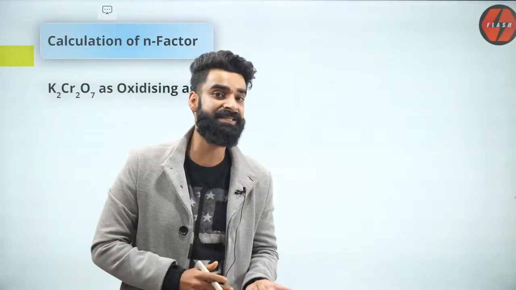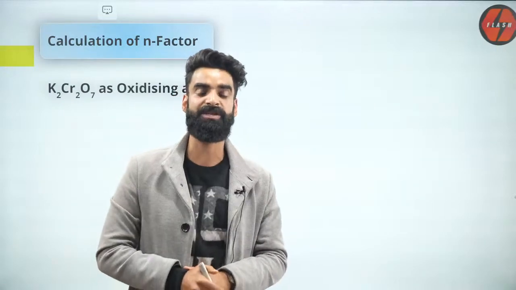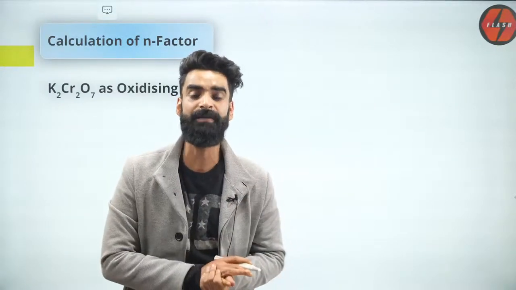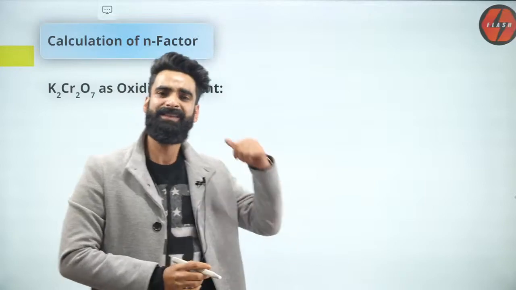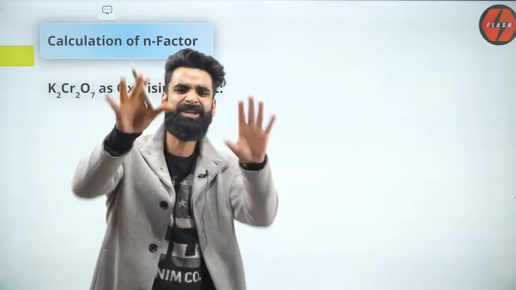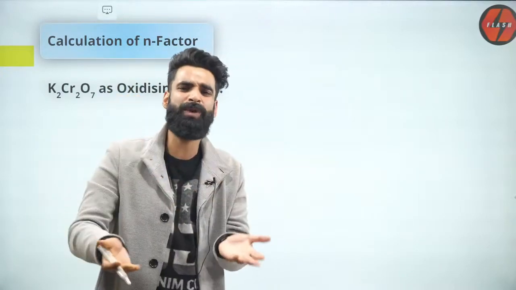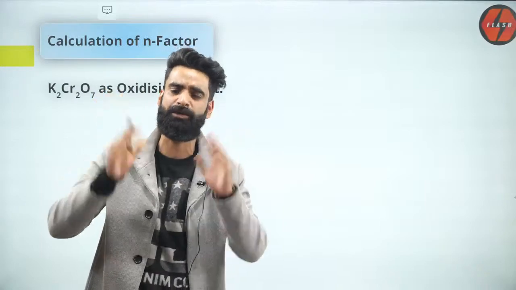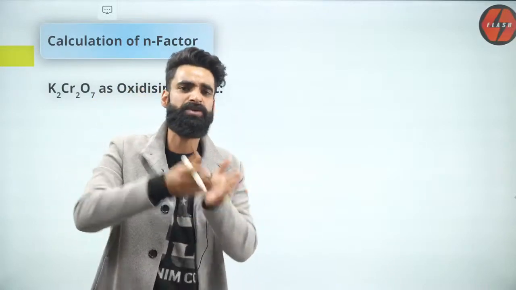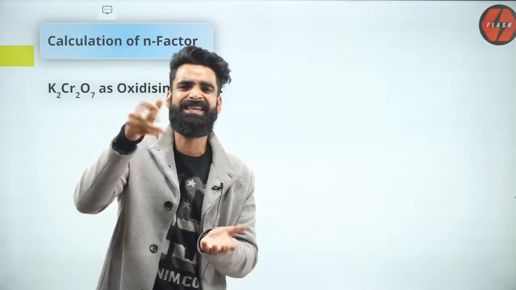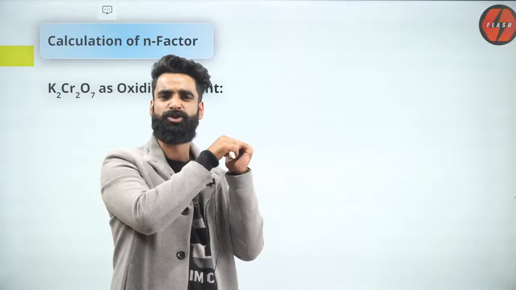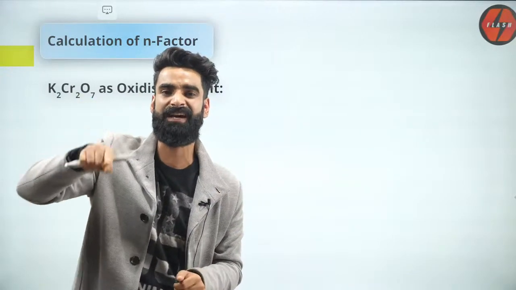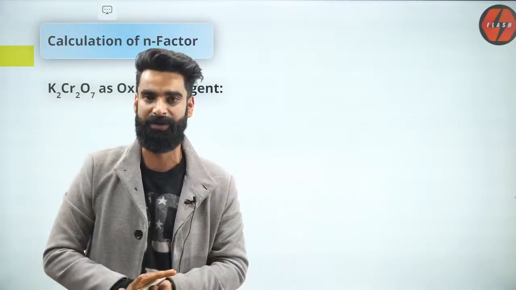In acidic medium, either you write K2Cr2O7 or you write Cr2O7 2-, the choice is all yours. This Cr2O7 2- is going to get converted into Cr3+.